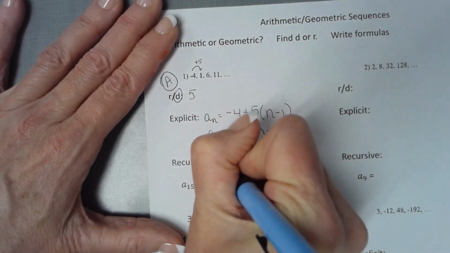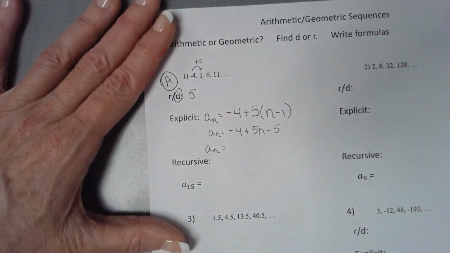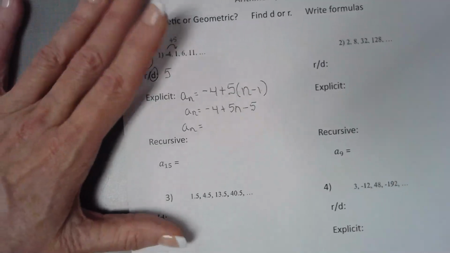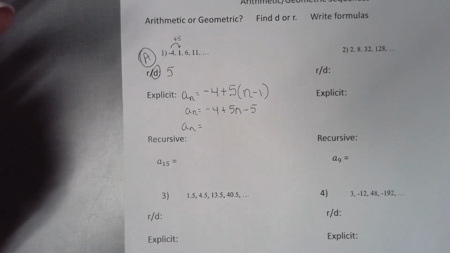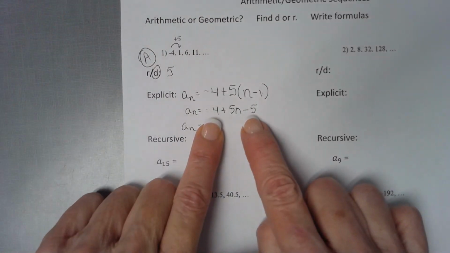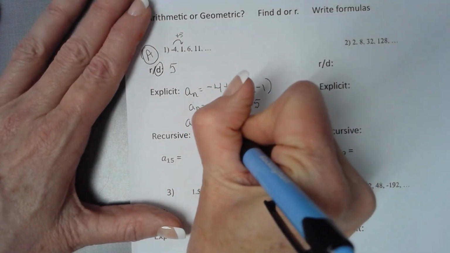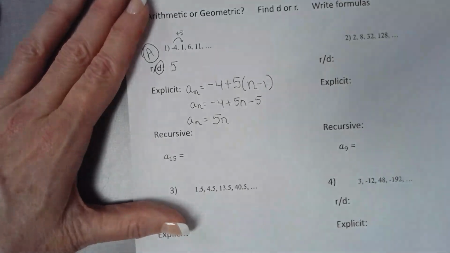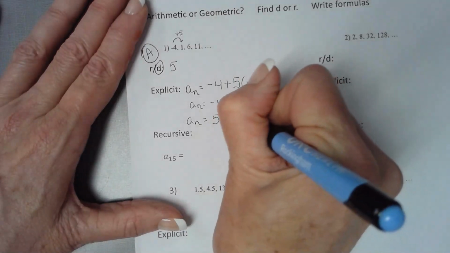After I distribute, I can simplify one step further: combine like terms. -4 and -5 combined is -9.